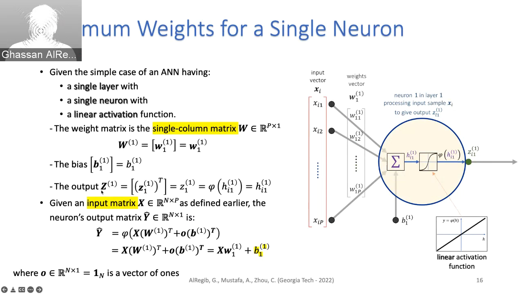These are the outputs in here, and again, since we already have a very simple single layer, single neuron, then this will basically boil down to just a vector, not really a matrix in here. And then the input matrix is dimension N by p. The output prediction Y is dimension N times 1. And then the output prediction will be X times the W plus the B, 1 and 1. And basically, I'm just having this highlight in here just to refer to the fact that we have single layer, single neuron, linear activation in here.